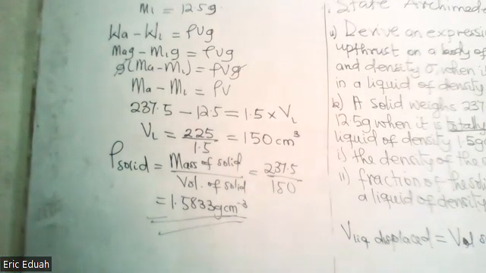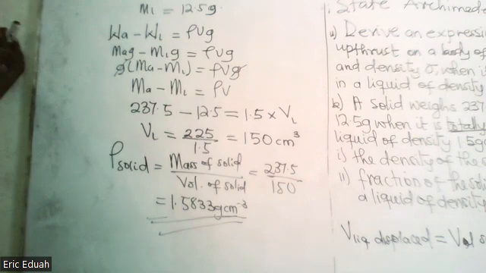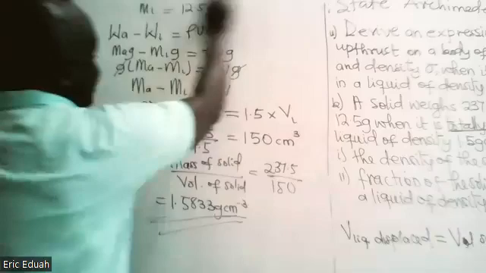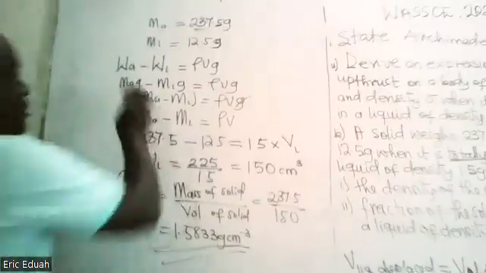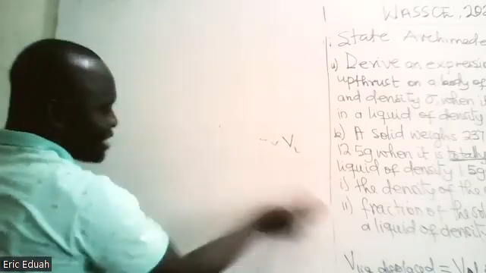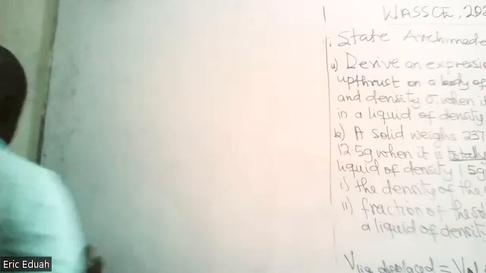All right. The B part is that we have to find the fraction of the solid submerged in a liquid of density 1.19. I want us to think through the question and then understand it before we solve.